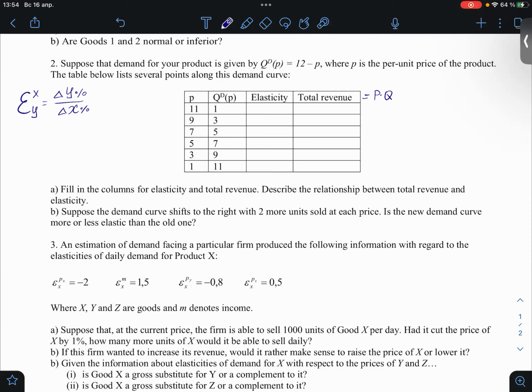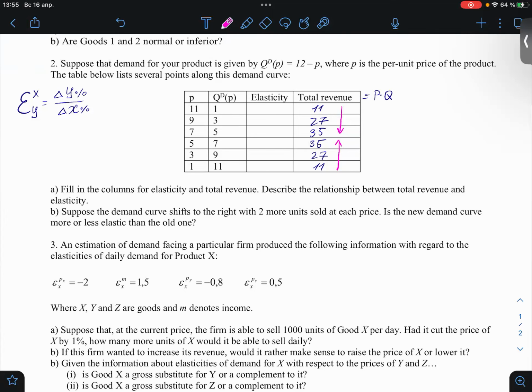So here will be 11, here 9 over 3, 27, 35, 35, 27, and 11. So you see, here is the increase in total revenue, and here also.